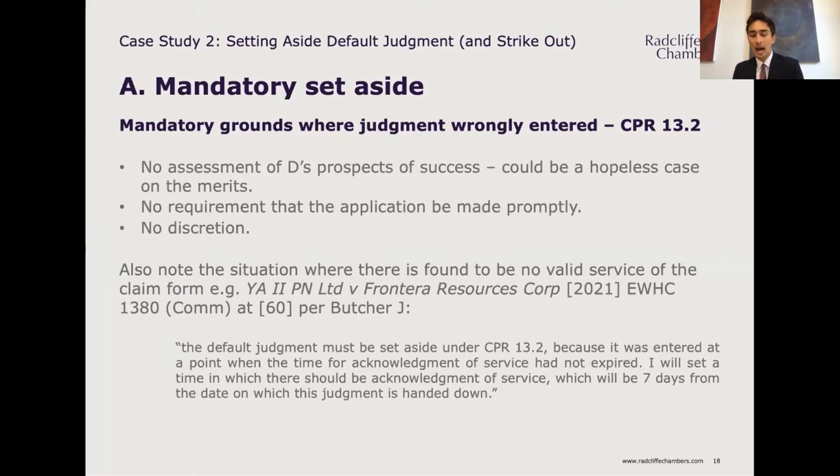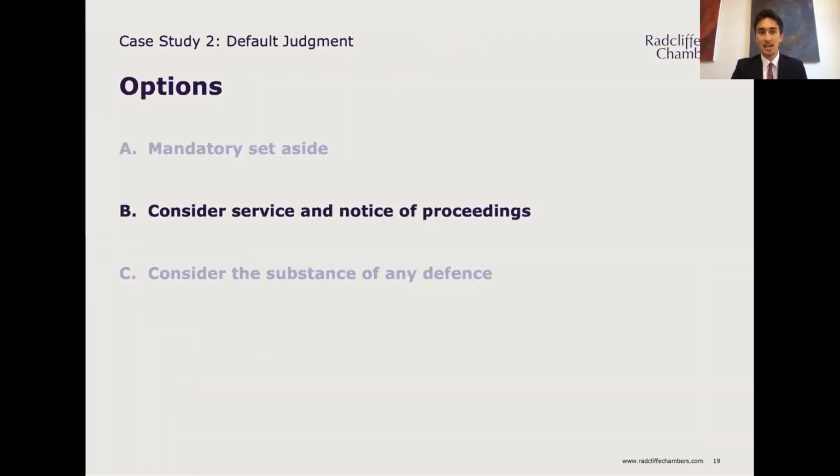And the judge there said the default judgment must be set aside under 13.2, the mandatory grounds, because it was entered at a point in time where the acknowledgement of service had not expired. There was simply nothing to respond to from the defendant. The claim form had not been validly served and the clock had not started to tick. In that situation, the default judgment must be set aside.